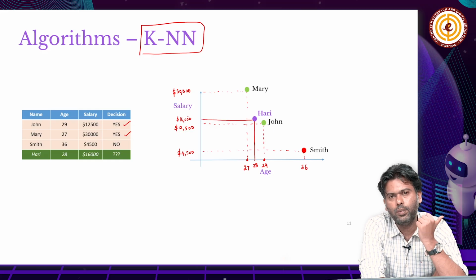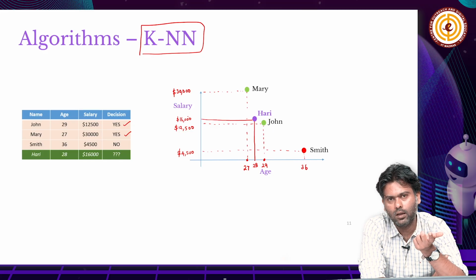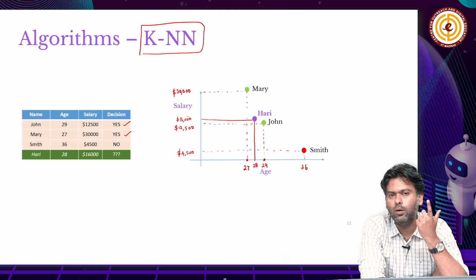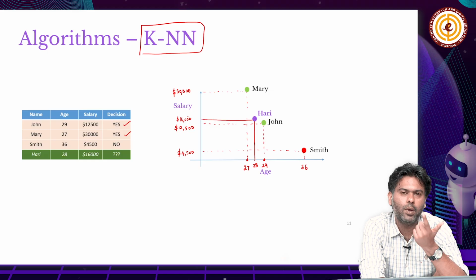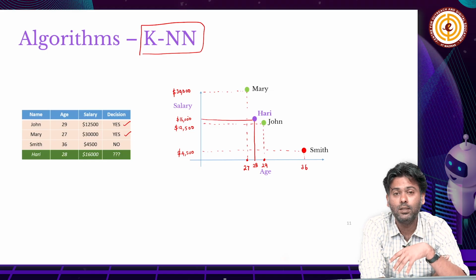If there had been a person in my bank who had exactly the same age as Hari and exactly the same salary as Hari, then depending on whether that person paid the loan back or not, I can make a decision for Hari.